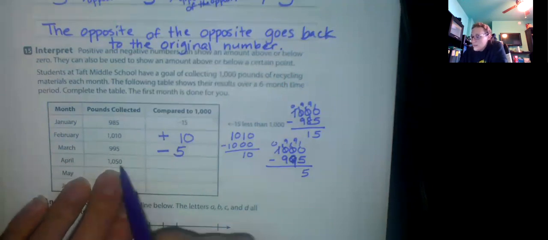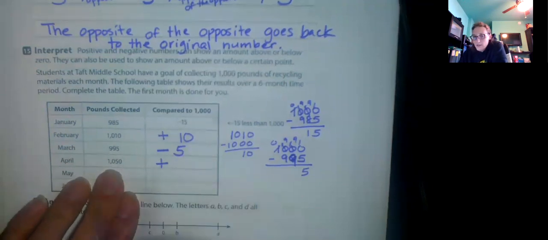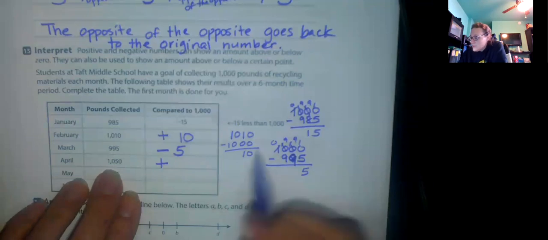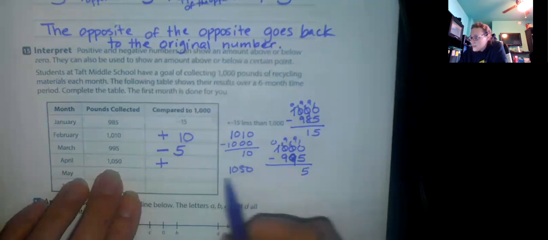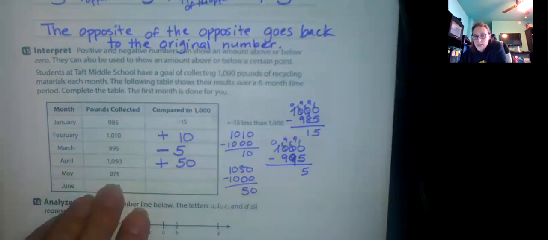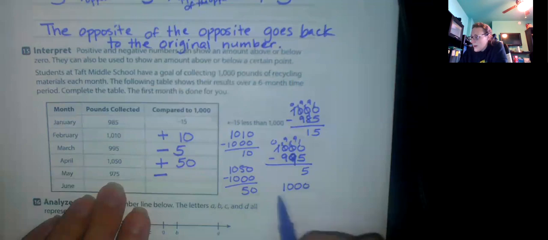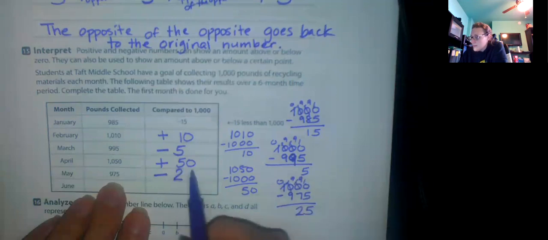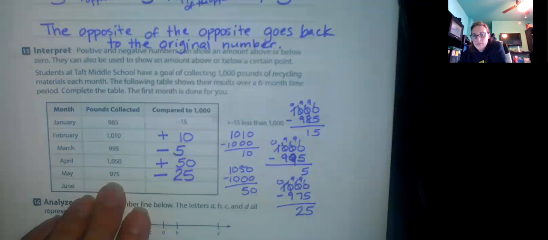Okay, 1,050 is greater than 1,000. And so we find that answer by subtracting and finding there's a difference of 50. 975, that's less than 1,000. And again, we subtract. And so we get a difference of negative 25.